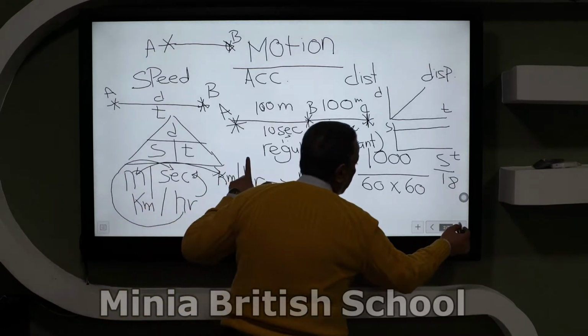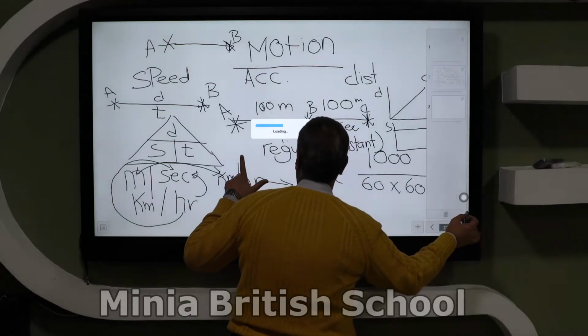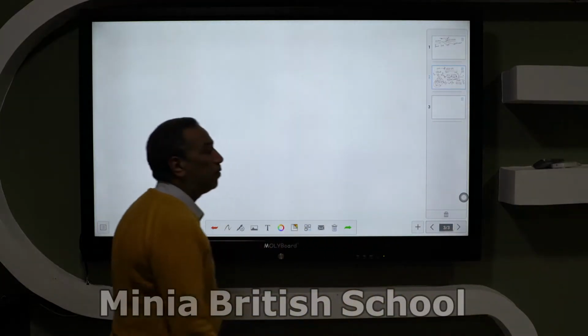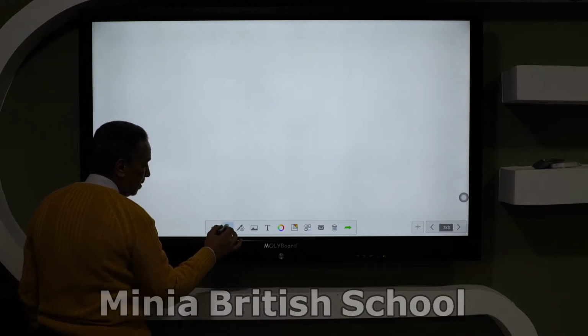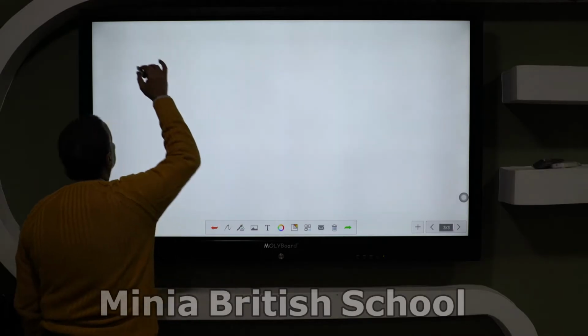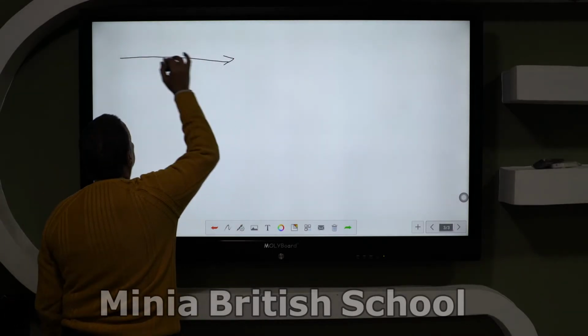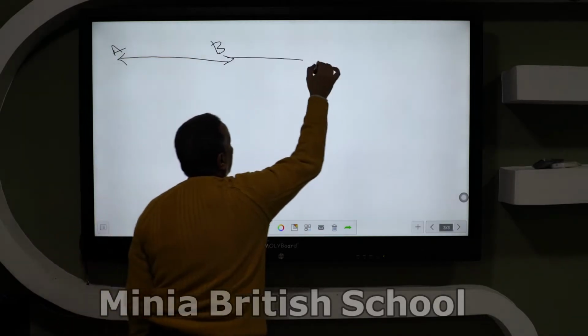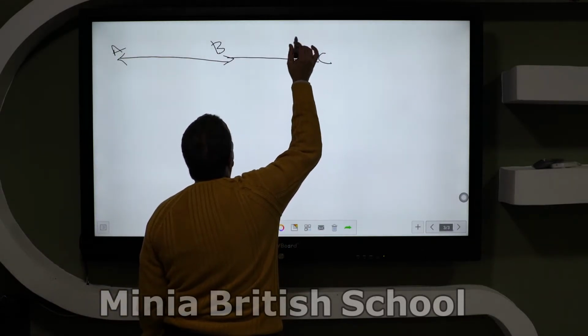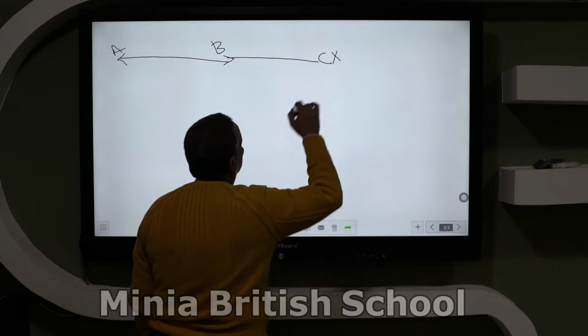The second type of speed: if you have a body at position A, transferring to B, and then from B transferred to C. This is another kind of motion.